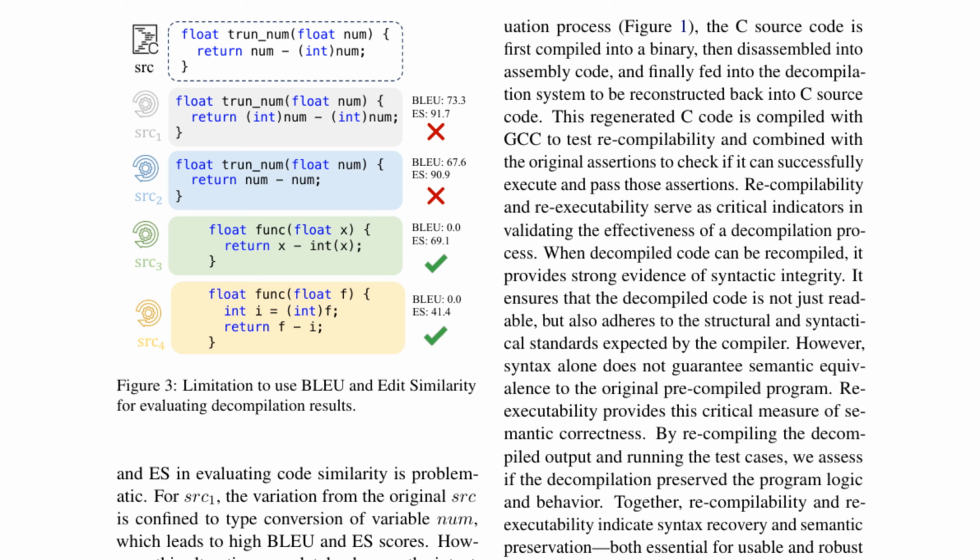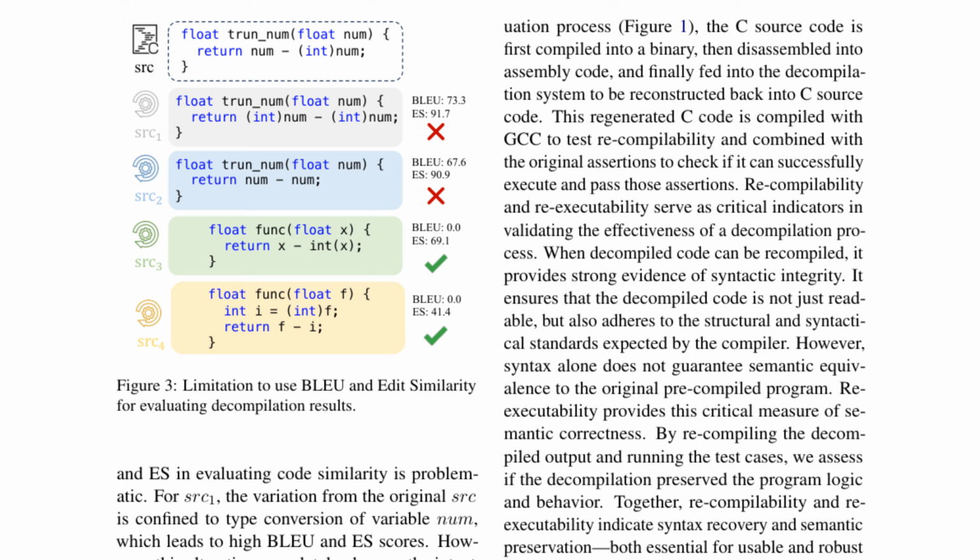In our evaluation process, the C source code is first compiled into a binary, then disassembled into assembly code, and finally fed into the decompilation system to be reconstructed back into C source code. This regenerated C code is compiled with GCC to test recompilability and combined with the original assertions to check if it can successfully execute and pass those assertions.